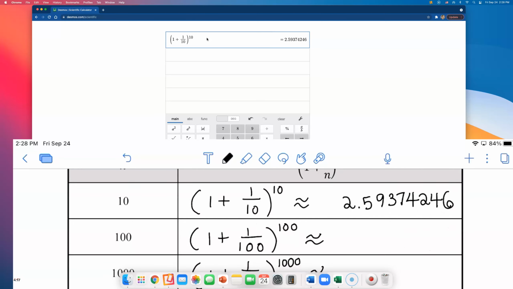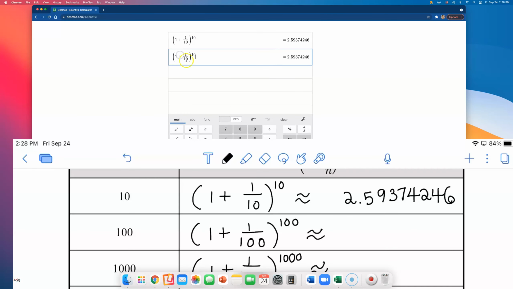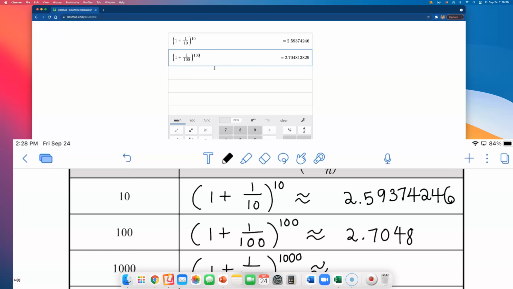Next, we'll copy this and change the denominator to 100 and the exponent to 100. That number is 2.7048138229. All right, next line.